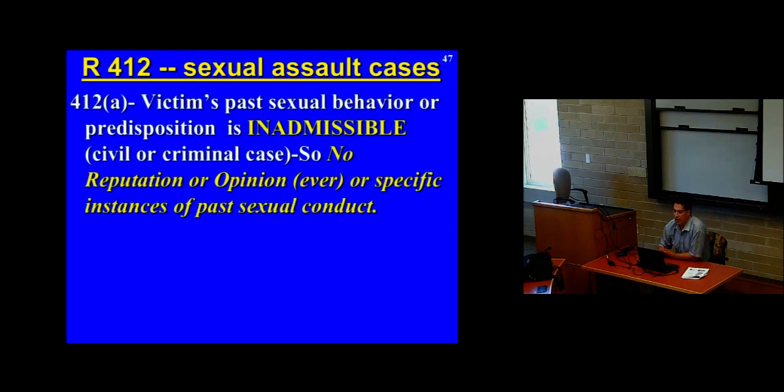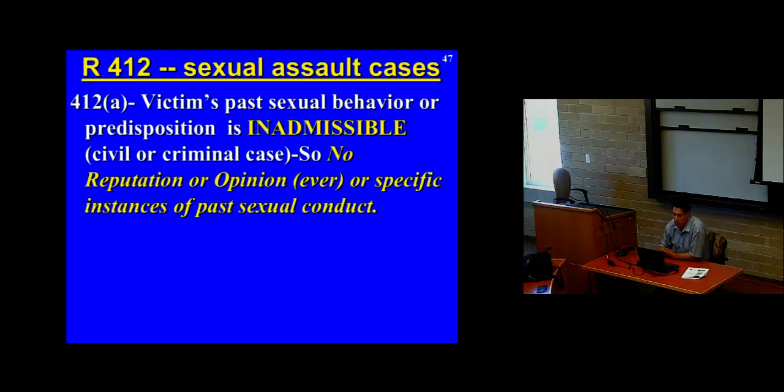Rule 412(a), first of all, states that a victim's past sexual behavior or predisposition is inadmissible in a civil or criminal case. And so, of course, in a rape case, that is the worst of a sexual assault, but it doesn't necessarily have to be rape to be a sexual assault.